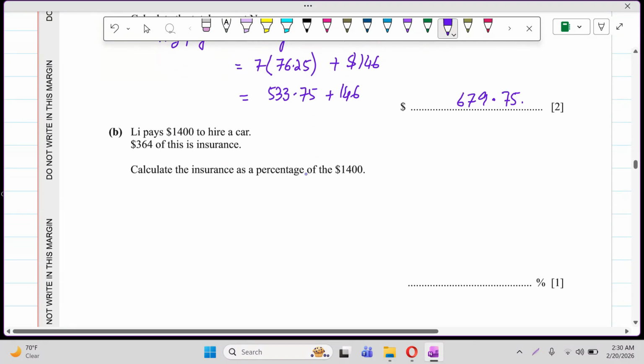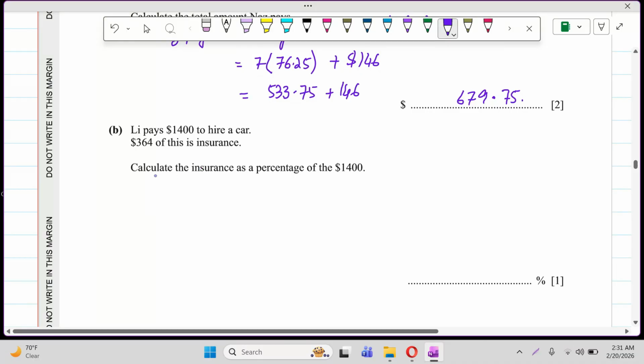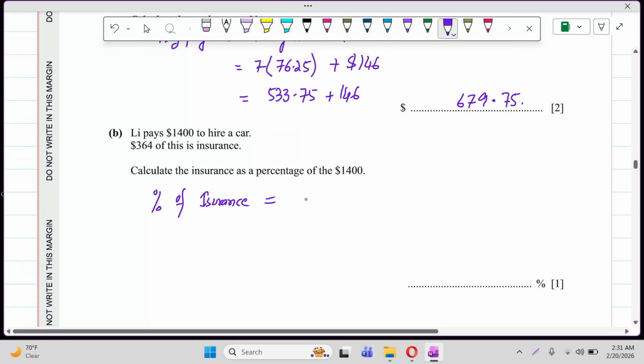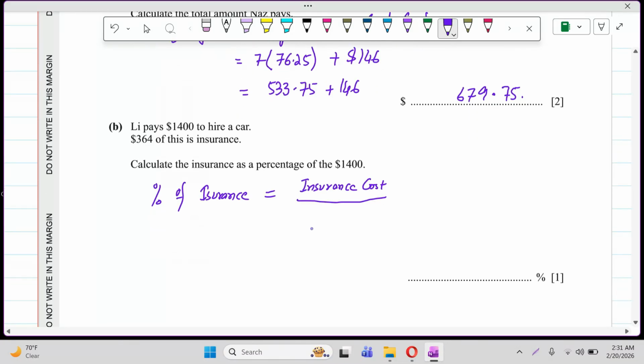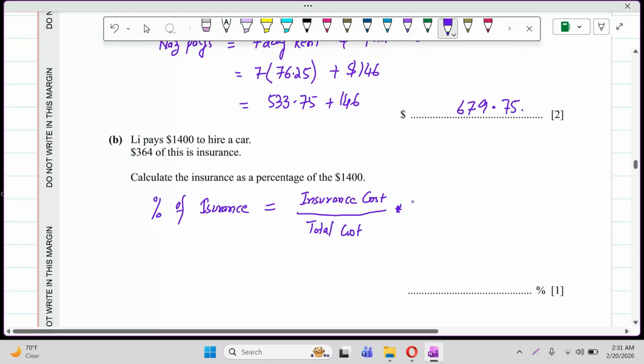Part B, Lee pays $1,400 to hire a car and $364 of this amount is insurance. Calculate the insurance as a percentage of the 1400. So percentage of insurance is equal to the insurance cost over total cost multiplied by 100%.